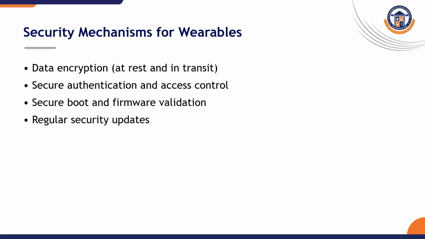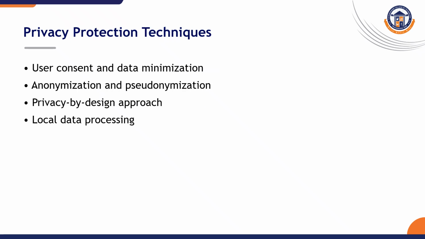The security mechanisms for protecting wearables are data encryption, and authentication that must be secured and controlled by proper access control mechanisms. The firmware and boot must be secured and protected, and regular security updates should be delivered periodically to the users through app updates or firmware updates.